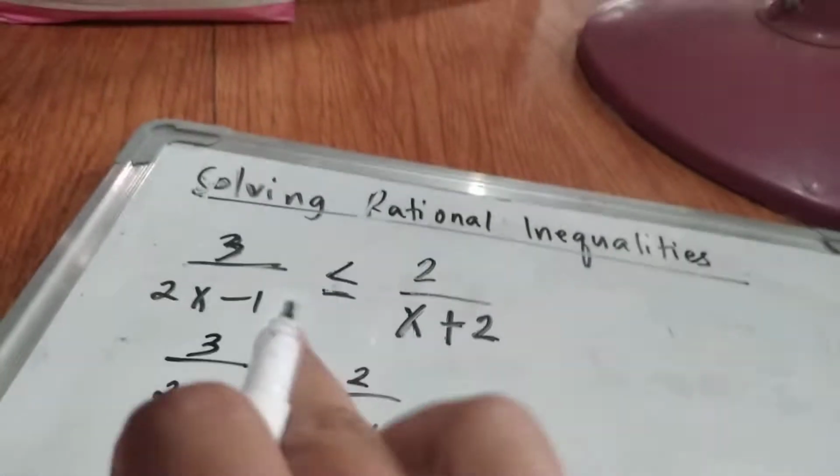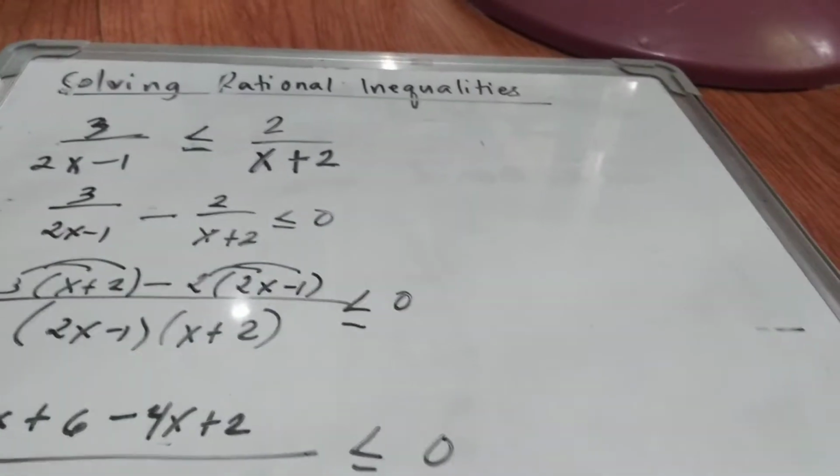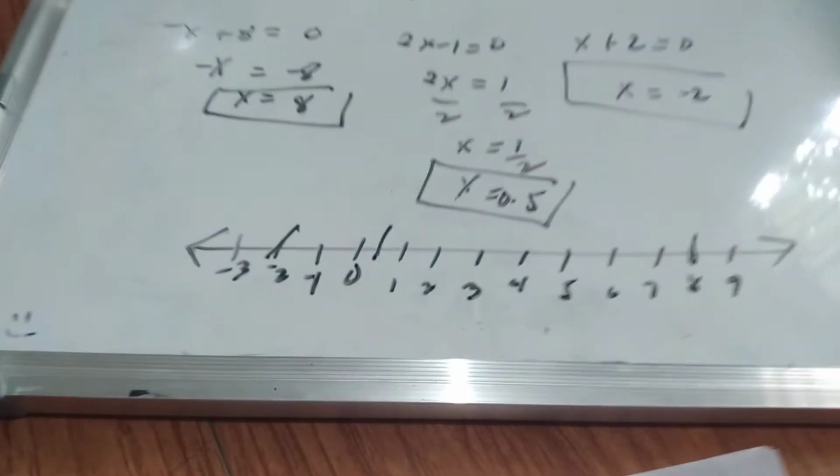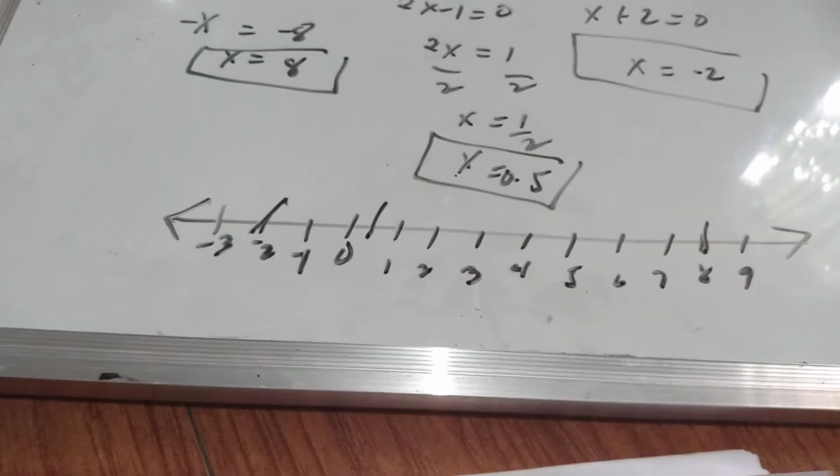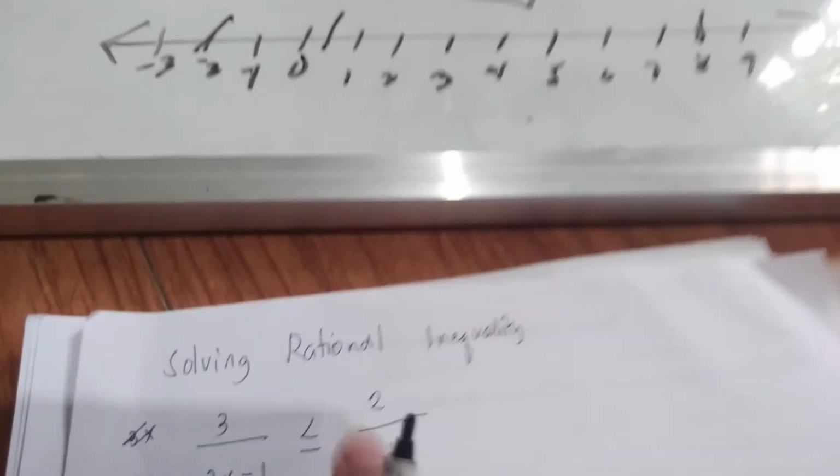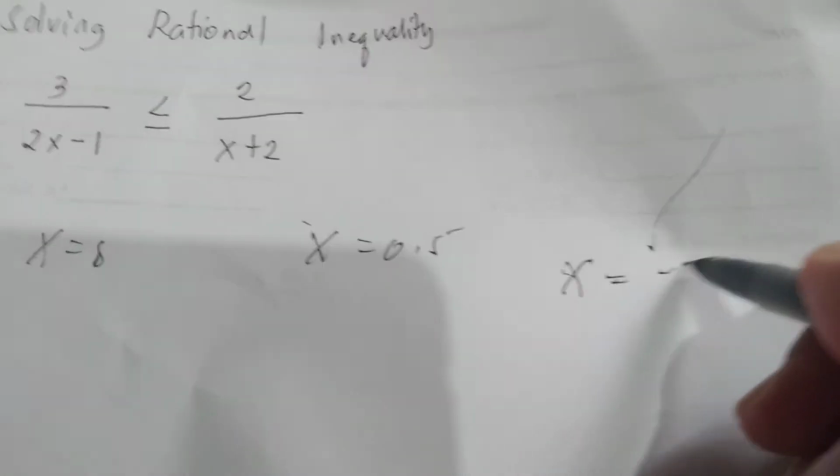So, ang original na inequality natin, balikan natin, you have 3 over 2x minus 1 and 2 over x plus 2. So, again, gagamitin natin yung ating critical values na 8, 0.5, and negative 2. So, balikan natin yung inequality natin. Ito siya. So, again, you have x equals 8, x equals 0.5 and x equals negative 2.